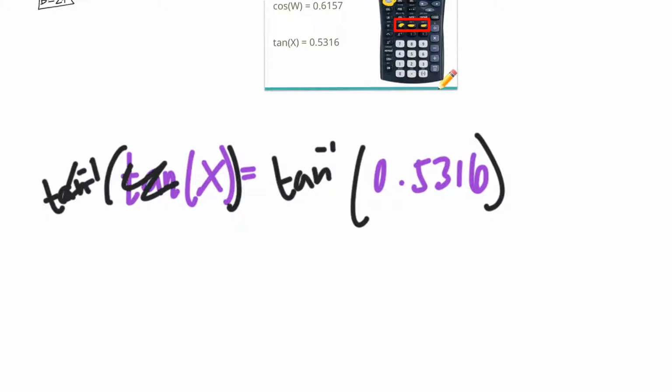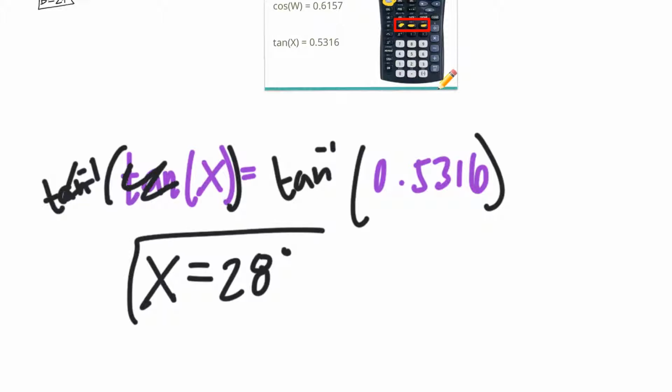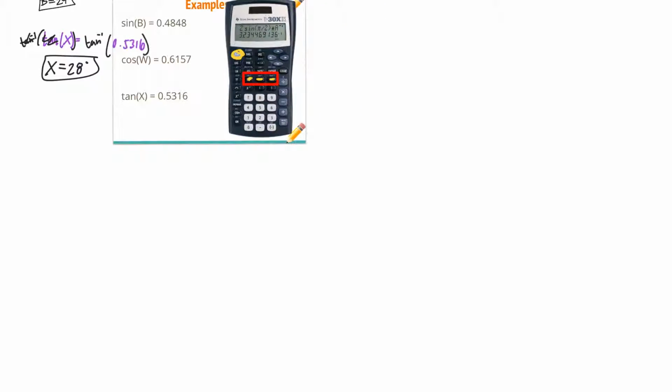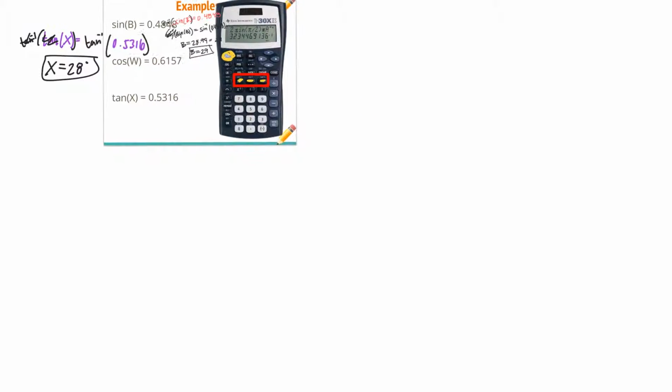This is going to cancel out, so you're going to be left with x equals inverse tangent of 0.5316, about 28 degrees. Pretty simple, right? So here are the 3 examples. You can go through and finish those whenever you want, but make sure you pause and write these down.